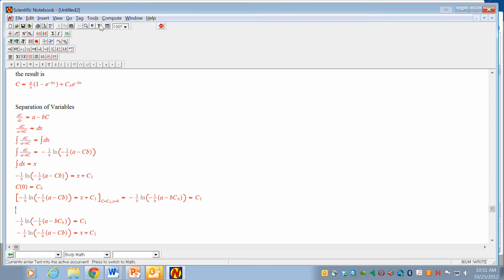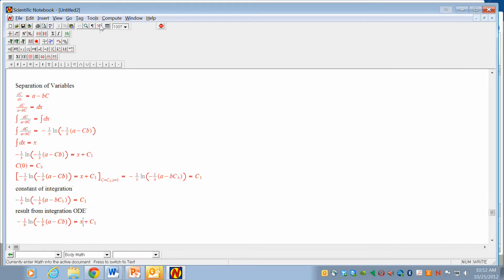Just put in some notes here. This is the constant of integration, and this is the result from integrating the ODE.